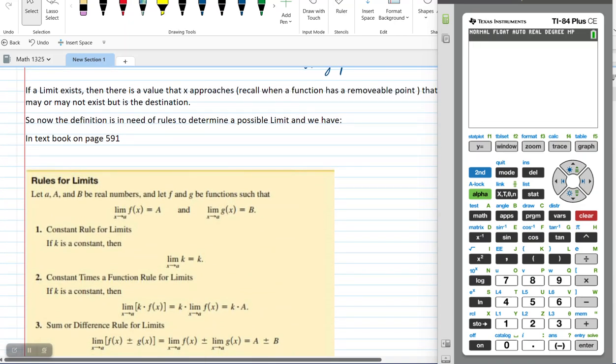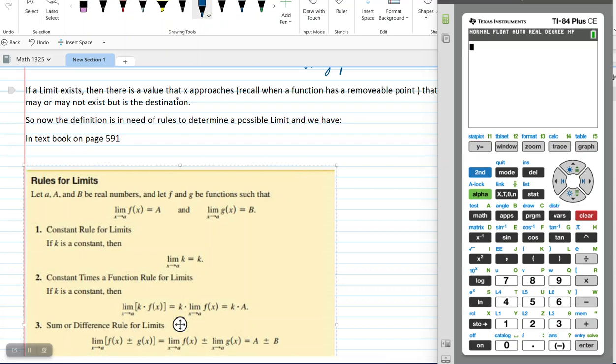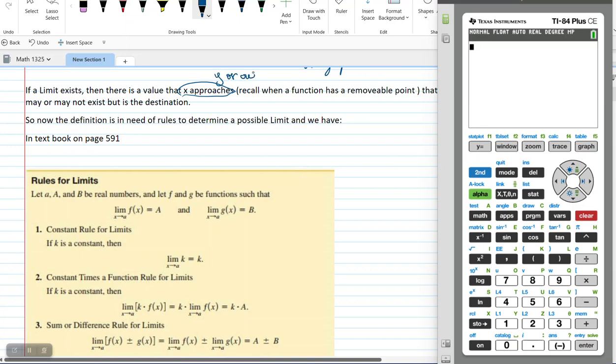If a limit exists, then there is a value that x approaches. That means it's a y or outcome. It approaches this value as x approaches the given value. Recall that a function can have a removable point, meaning it's a hole in the graph.